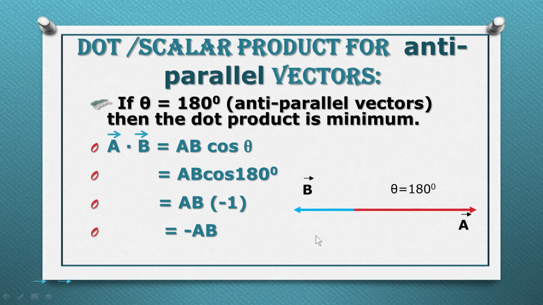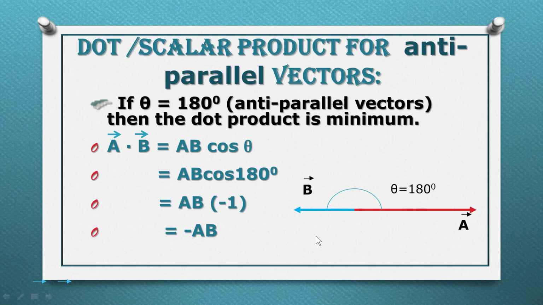So we will say that if we have two vectors which are anti-parallel to each other, then they will have minimum product. Okay, one more thing, if we are talking about it practically, theta should be between 0 and 90 degrees. It should not be more than 90 degrees. Okay, but theoretically we consider what the dot product is if two vectors are anti-parallel.